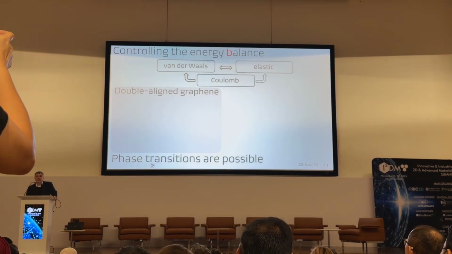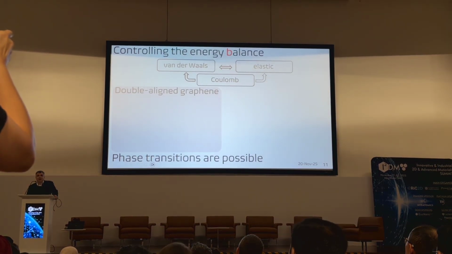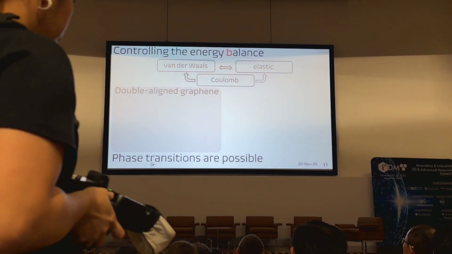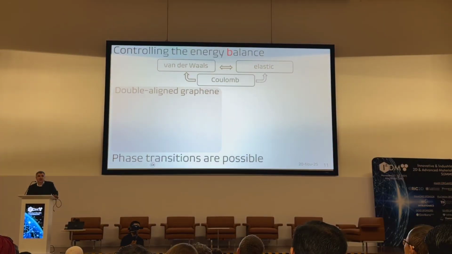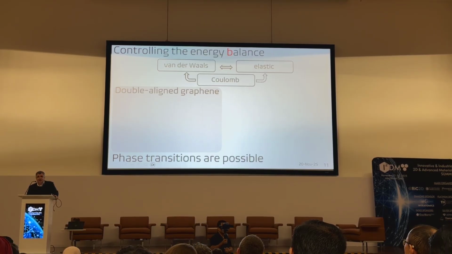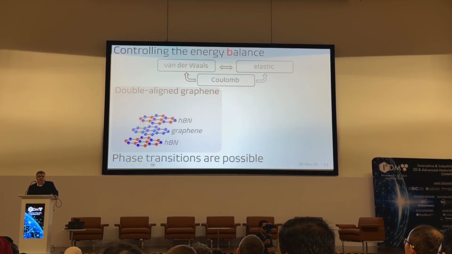And so here, in our devices, what is important for the rest of the talk, we made two particular changes to how heterostructures are created. One is that we use double aligned heterostructures.